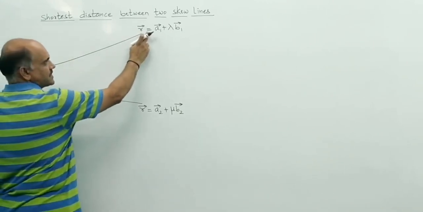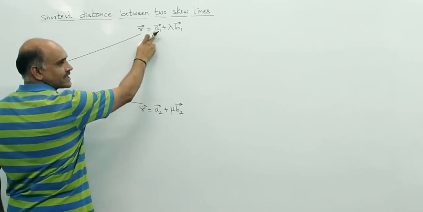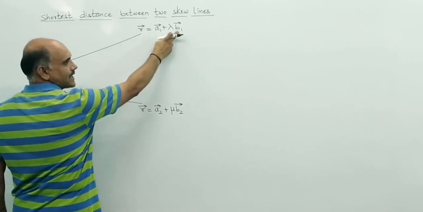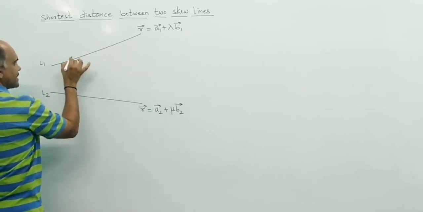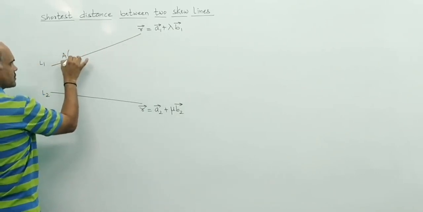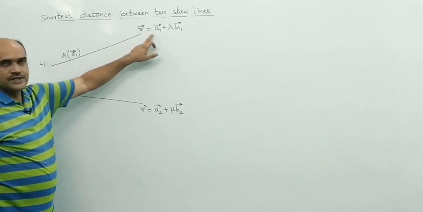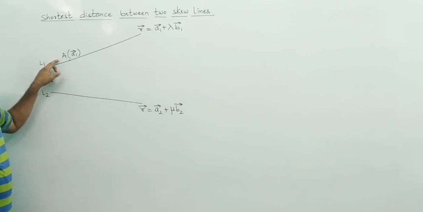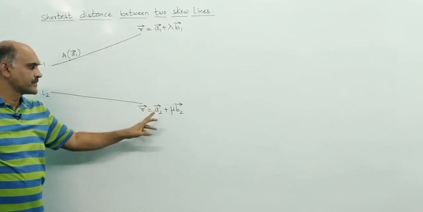The first line R is passing through this vector A1 and is parallel to B1. So this vector A1 I will take as point A, so its position vector is A1. This line is passing through point A and is parallel to B1.